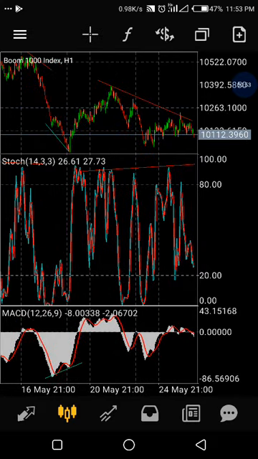Before we go ahead, I'll have to tell you the different types of divergences. We have the hidden divergence, or the negative divergence, and we have the positive divergence. For the positive divergence, we have two types: the positive bullish divergence and the positive bearish divergence.